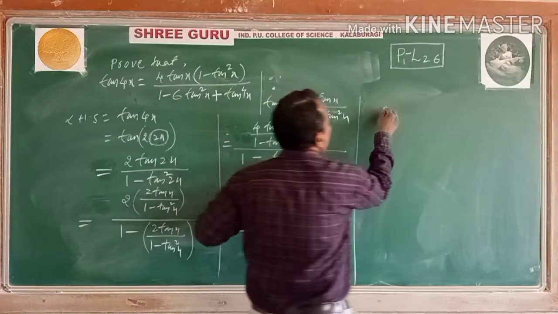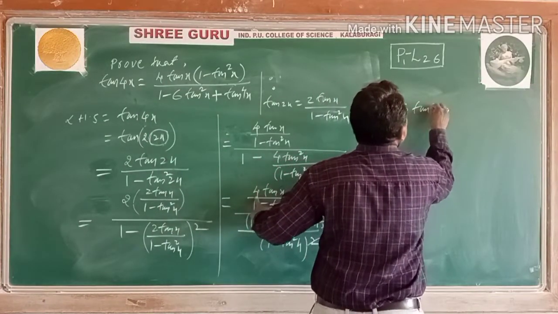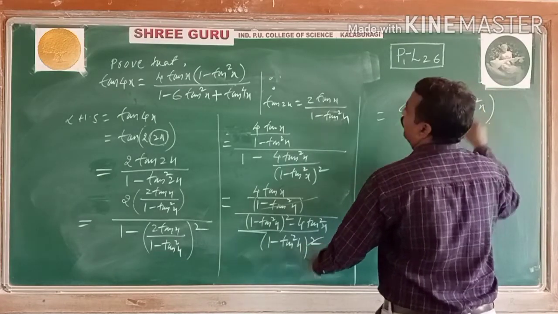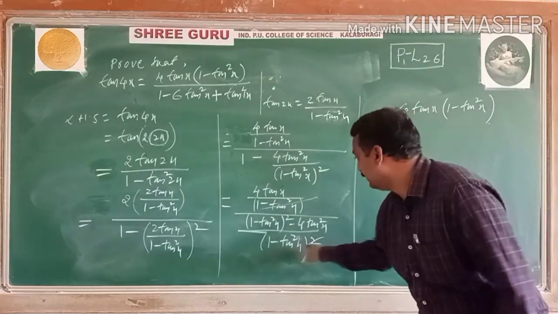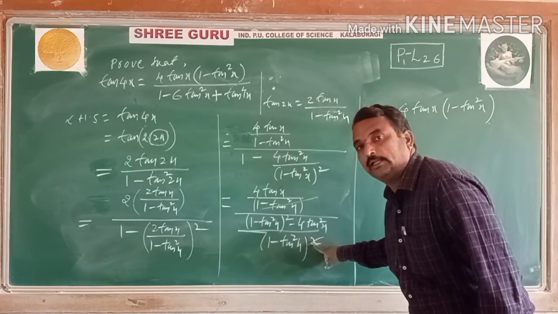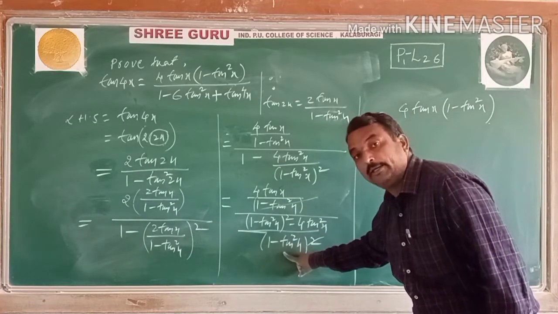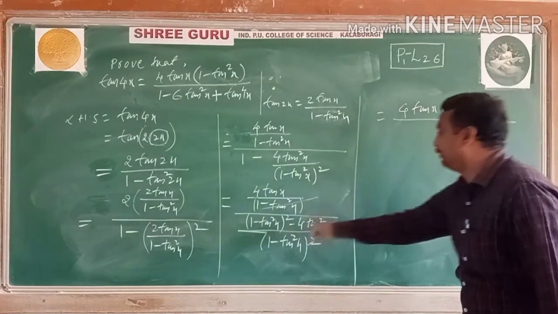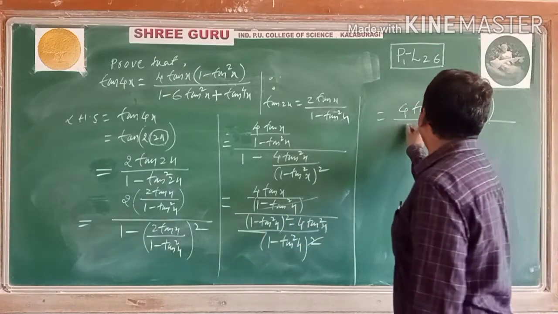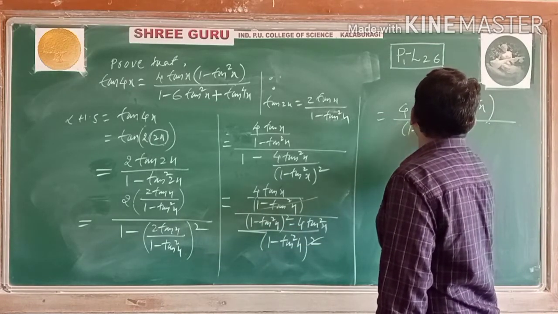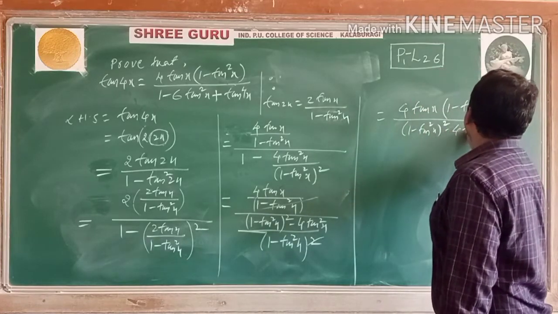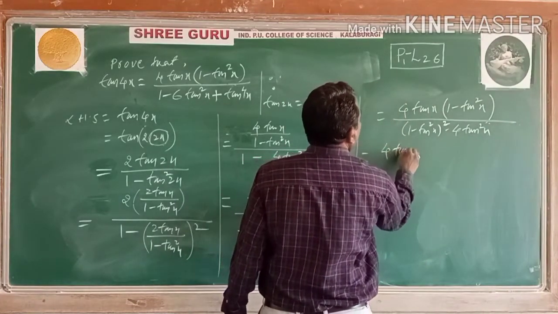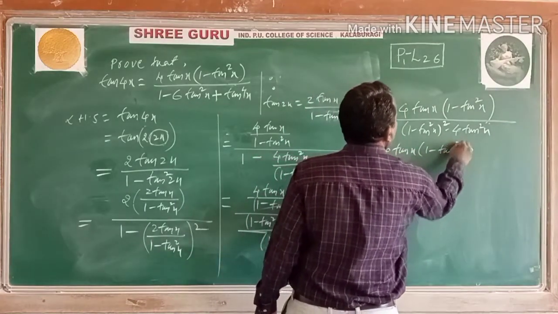So 4 tan x into 1 minus tan square x comes to the numerator. One of the terms gets cancelled in both denominators, one term remains, that is the denominator of a denominator, which goes to the numerator: 1 minus tan square x, divided by 1 minus tan square x whole square minus 4 tan square x. Then you expand in the next step, and you will get the result. This is equal to 4 tan x into 1 minus tan square x.